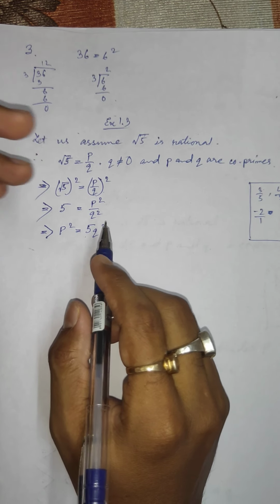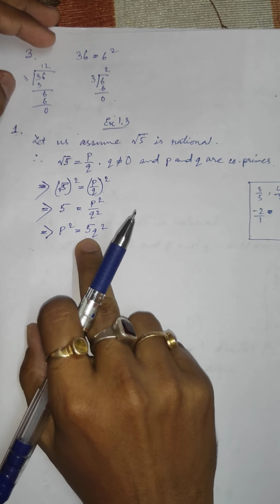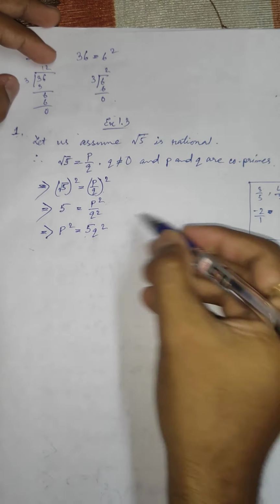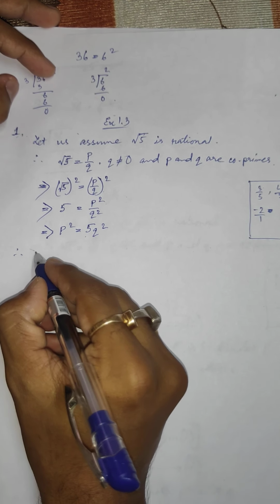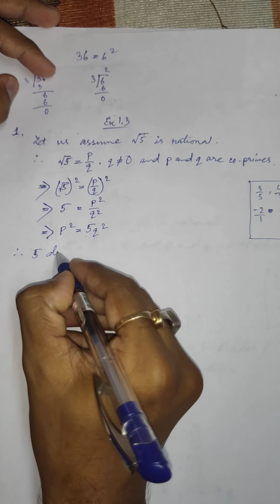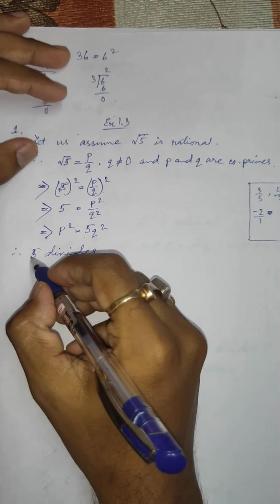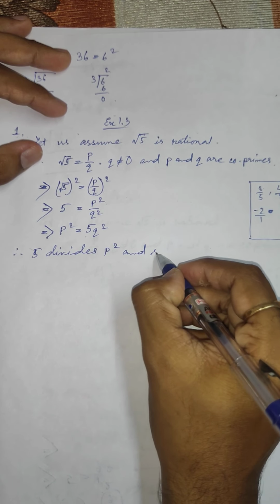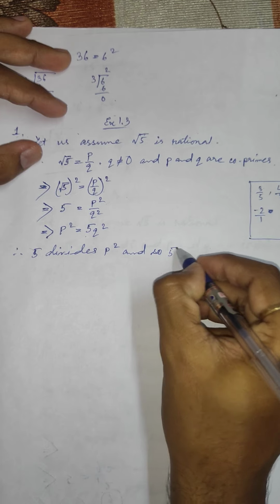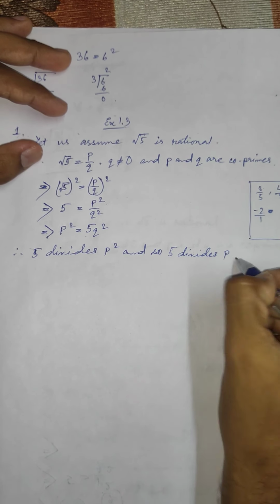So we can say that p square is definitely divisible by 5. Therefore 5 divides p square. You can write it in your own language also. And so 5 divides p, by theorem 1.3.